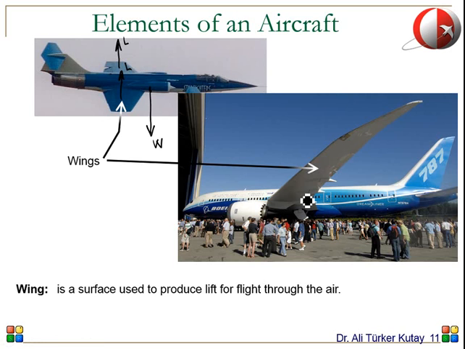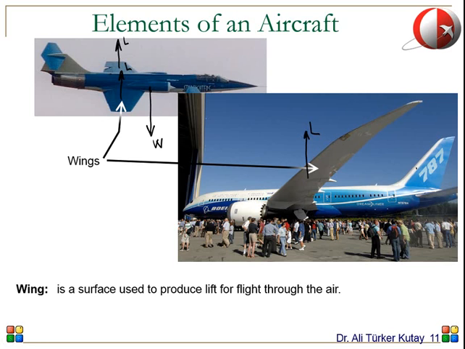This has the same purpose, obviously. It will be creating the lift force to carry the entire weight of the aircraft. The reason that it has a different shape is just to make it more efficient. Actually, a lot of study is behind this shape.